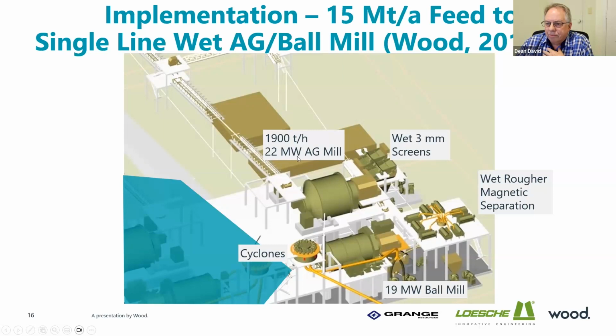And we finished up with a 22 megawatt AG mill and about a 19 megawatt ball mill in that design. And it's not uncommon for the AG mill and the ball mill to be pretty much the same size, given that we've got rid of 40% of the mass in these magnetic separators.